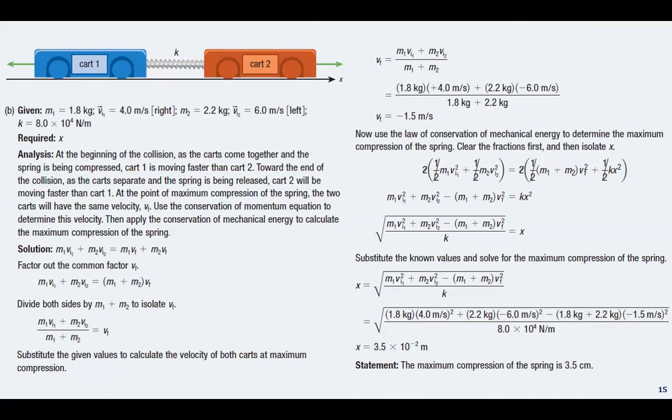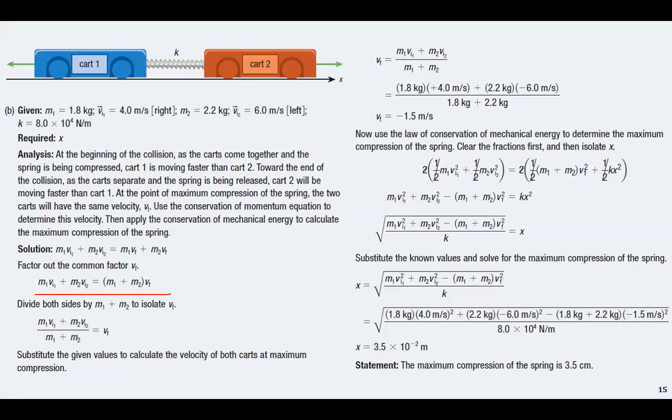Okay, first of all, we have m1 vi1 plus m2 vi2 equals m1 vf plus m2 vf, right? Then factor out the common factor vf. We can have m1 vi1 plus m2 vi2 equals m1 plus m2 times vf. Then divide both sides by m1 plus m2 to isolate vf.